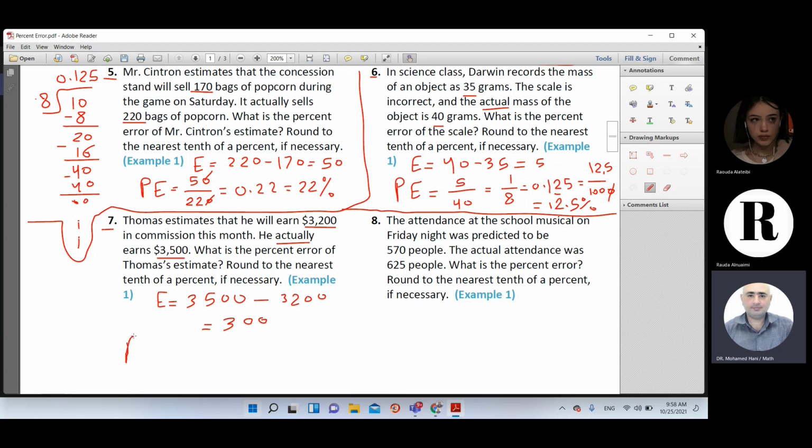Then the percent error, we have here 300 divided by the original, which means 3,500.